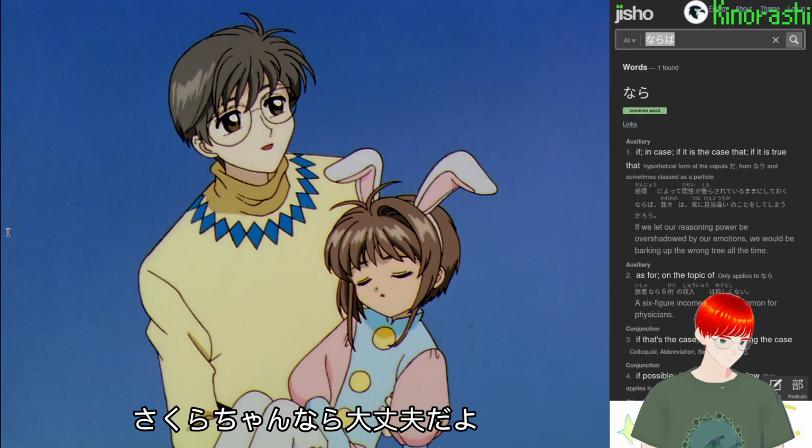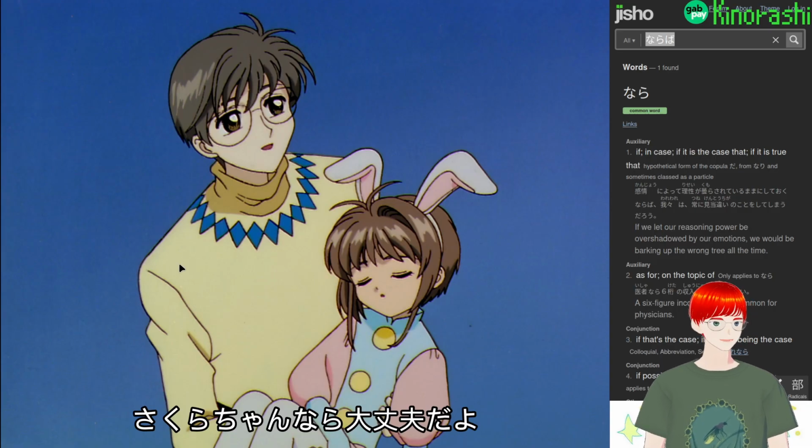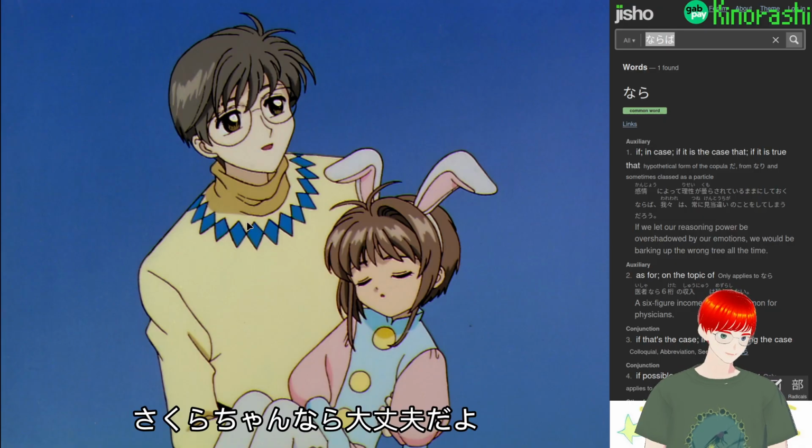Let's see. Translates to if it's Sakura-chan, it's okay, or Sakura-chan will be fine. The nuance suggests that while someone else might not be okay, in a certain situation, Sakura-chan is an exception who can handle it or is safe.